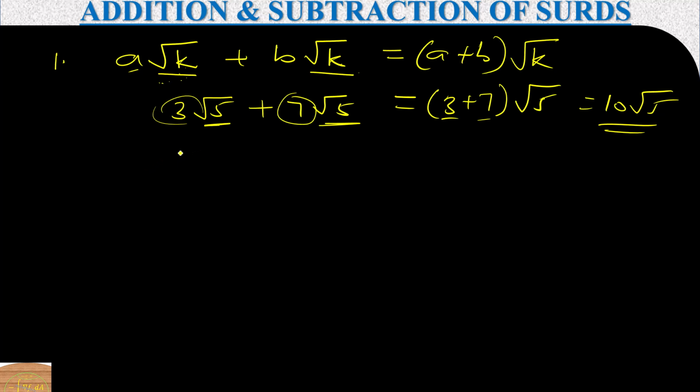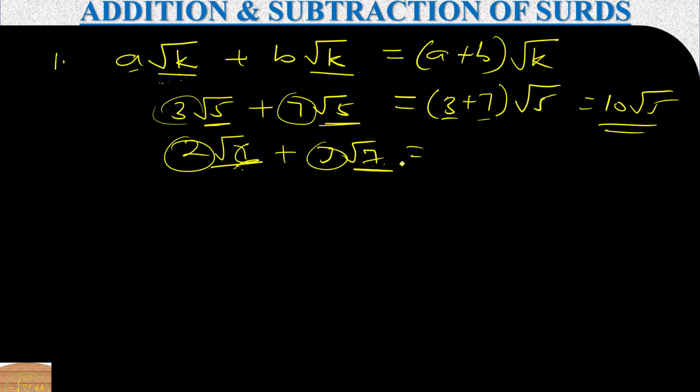Now, in case you're also given, let's say, 2√7 plus 7√7, straight away, since we have the same form, we can add the coefficients. Now, if this side were to be √6, there's no way we can put them together.